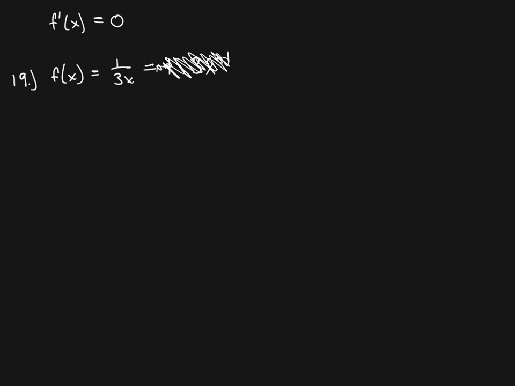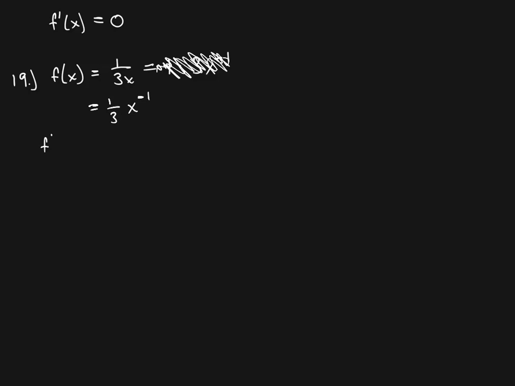Anyway, so f of x is equal to 1/3x, right? Or 1 over 3x is how we should say that. Of course, we can rewrite this as 1/3 times x to the minus 1. So those are the same thing. Now we can take the derivative of that using the power rule.